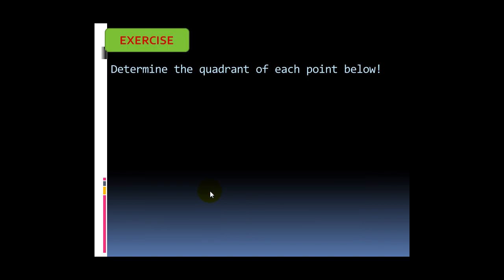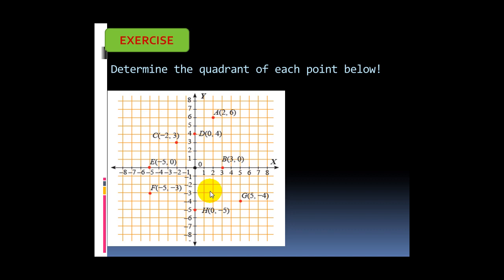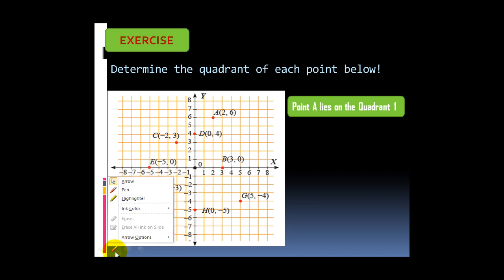Okay, we try to solve the problems. Determine the quadrant of each point below. This is the Cartesian coordinate plane. And then we know that point A lies on quadrant 1. Point A-nya di quadrant 1.